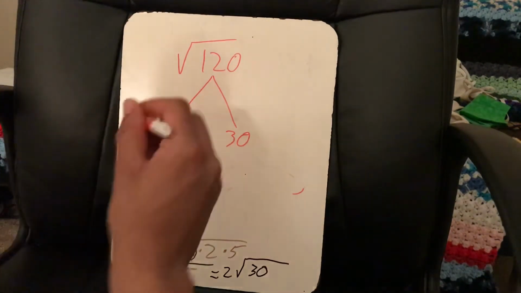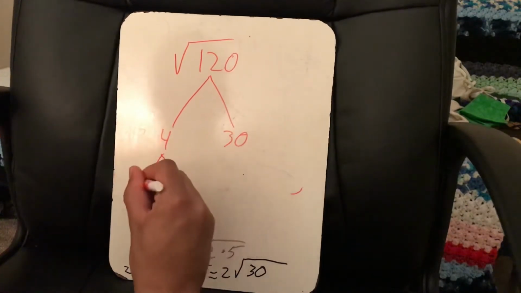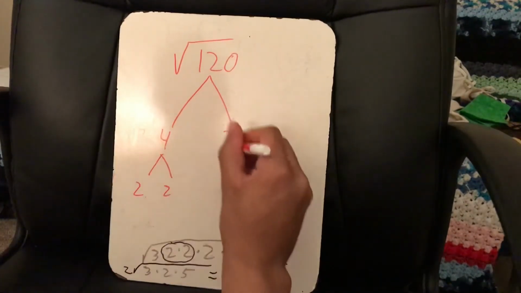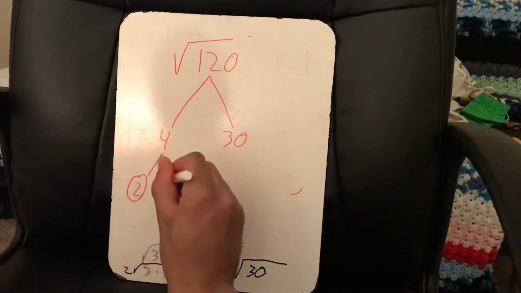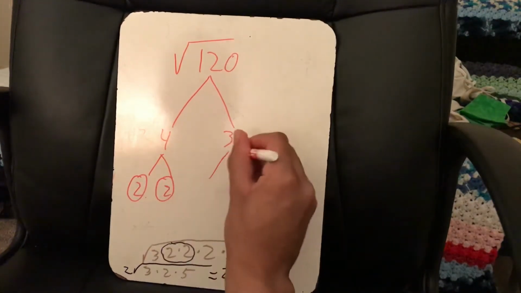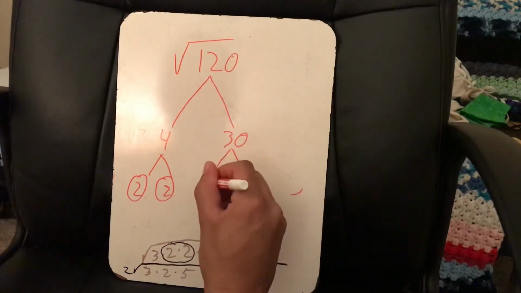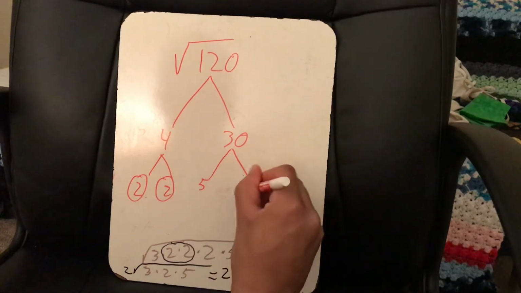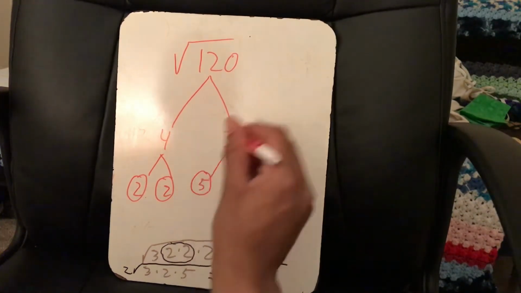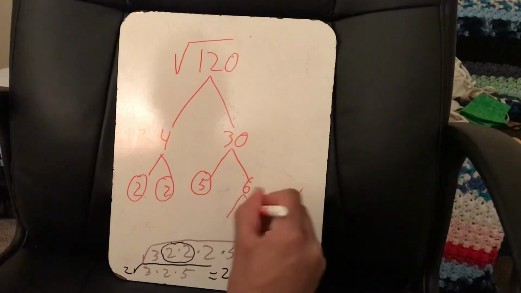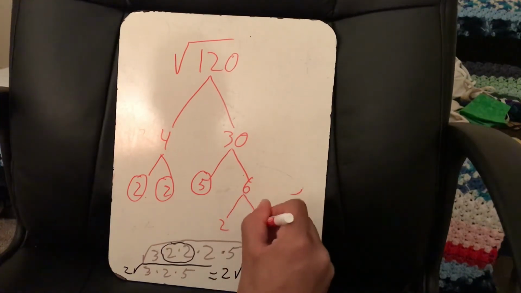Well, I know that 4 can be factored into 2 times 2. And those are prime numbers as we circled earlier. And 30 can be factored into 5 times 6. We know 5 is a prime number. And 6 factors into 2 times 3.